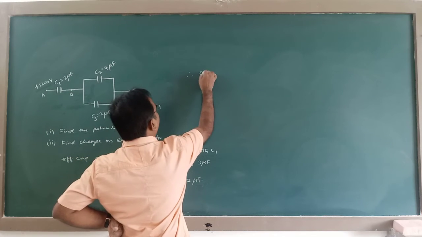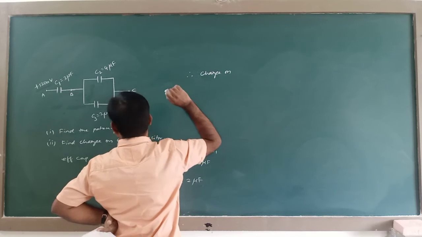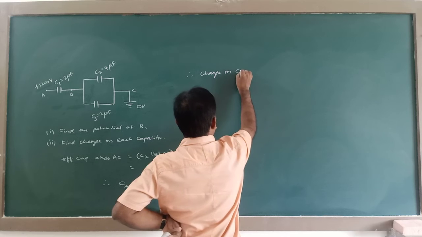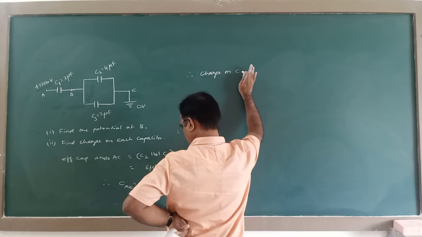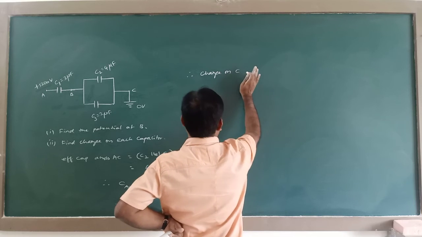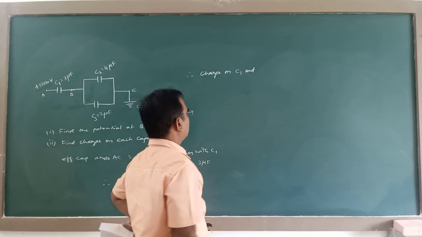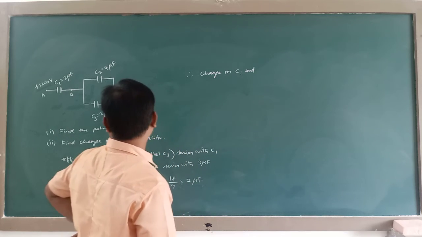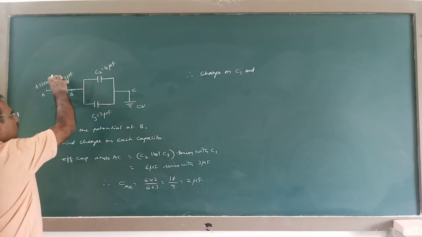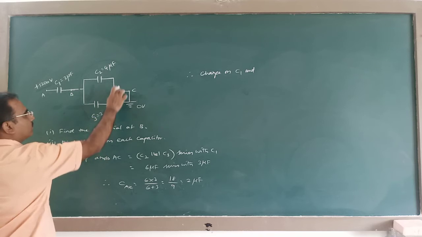Therefore, the charge on C1 and the parallel combination of C2 and C3: see, this one and this one both are in series.